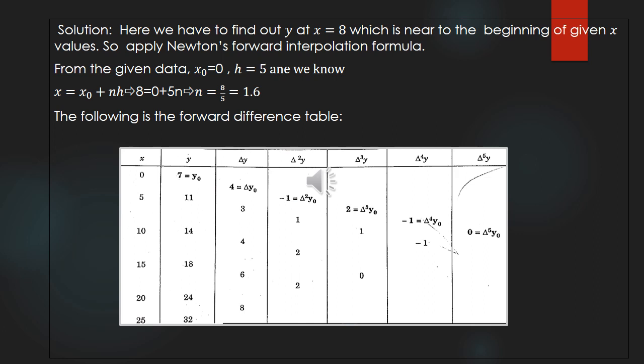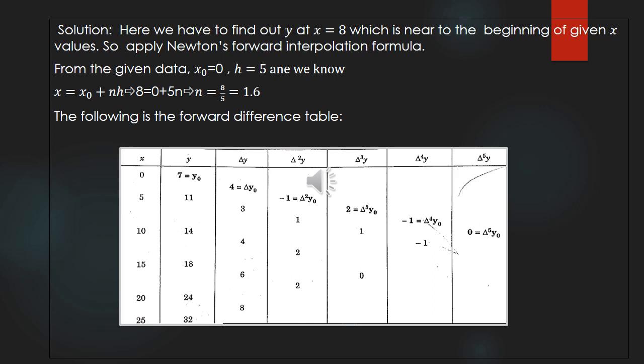Then del cube y: 1 minus minus 1, that is 2. The next is 2 minus 1, which is 1. The next is 2 minus 2, which is 0. Then del power 4 y: 1 minus 2 is minus 1. Next, 0 minus 1 is minus 1. Then del raised to 5 y is minus 1 minus minus 1. The value should be 0.